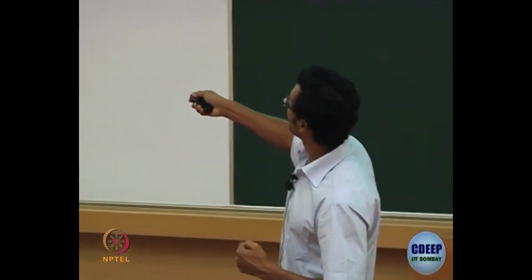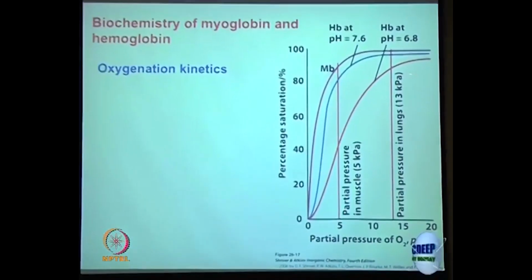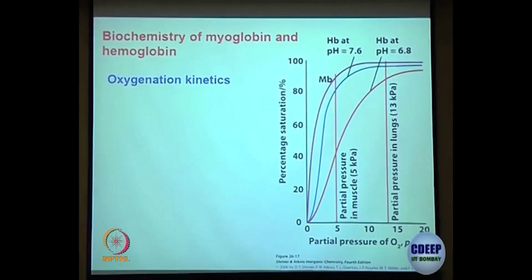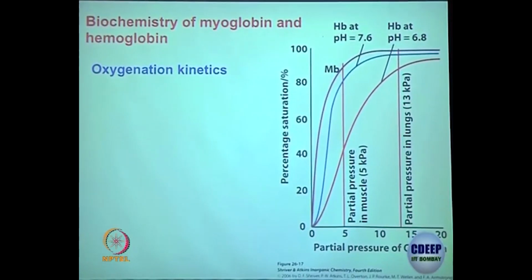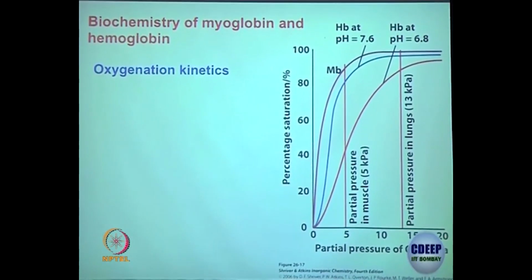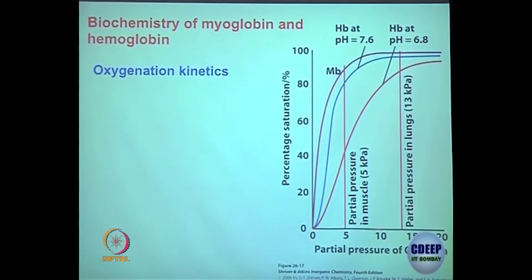Now it's a very, very high amount of oxygen we can take up. At the low pressure, you see the myoglobin has higher affinity. That's in the muscles, where there is low pressure of oxygen.